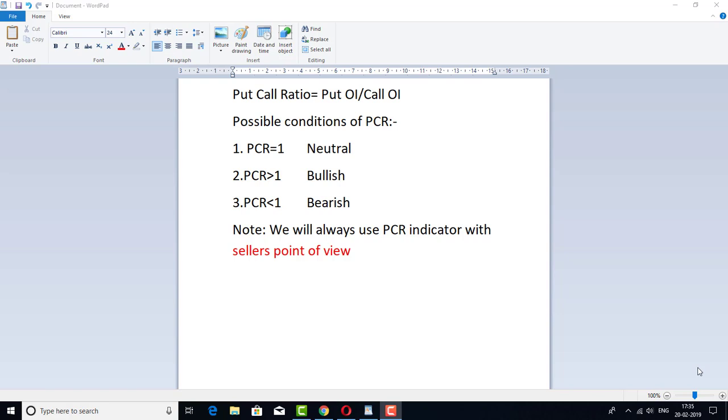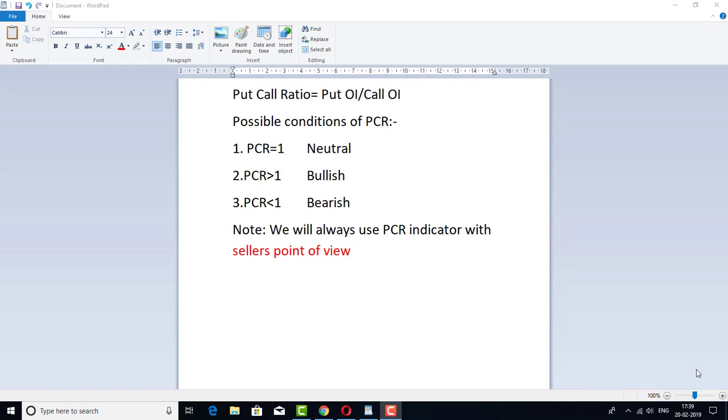So the call sellers are more in market and the put sellers are less in market. So the call sellers are having a greater power and they will push the prices downwards. That is why we interpret it as a bearish signal according to the PCR indicator.